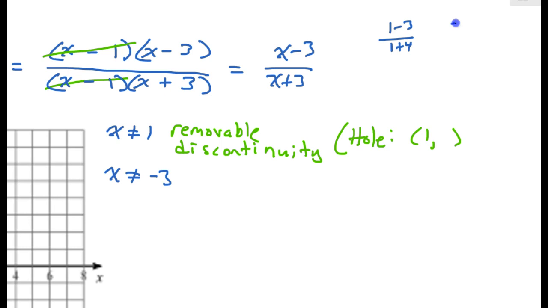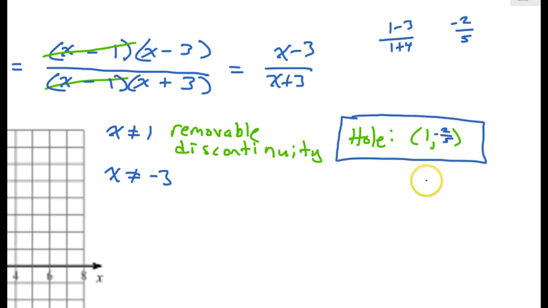So that would be negative 2 over 5. What is this as a decimal? So this is negative 2/5, 1 comma negative 2/5. 2/5 is 0.4, so this is the same thing as 1 comma negative 0.4.